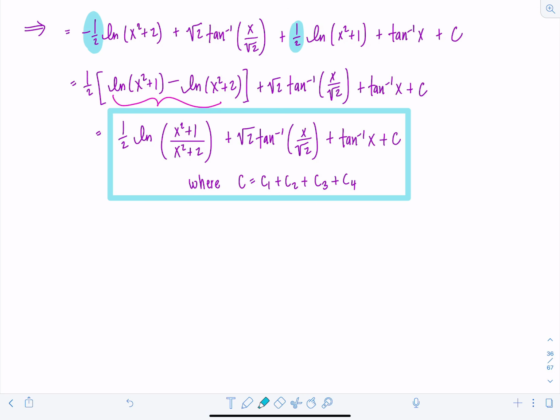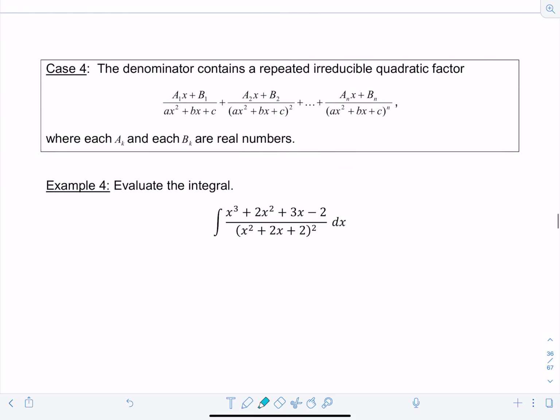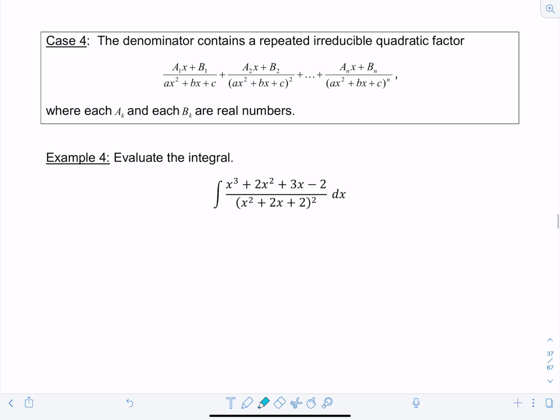Okay, we have one final case. Are you ready for it? Any guesses? Case 4. The denominator contains a repeated irreducible quadratic factor. What in the world? So you're going to treat it the way you treated a repeated linear factor. It's just now in the numerator you have to have a linear expression.